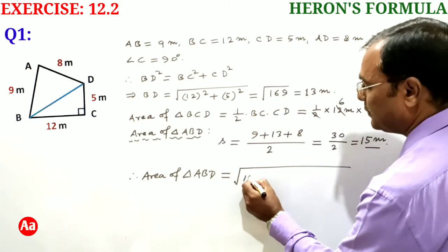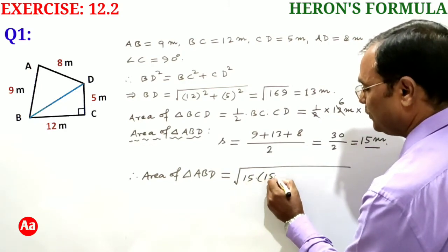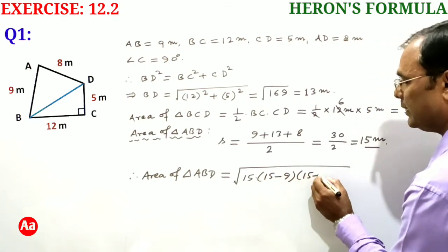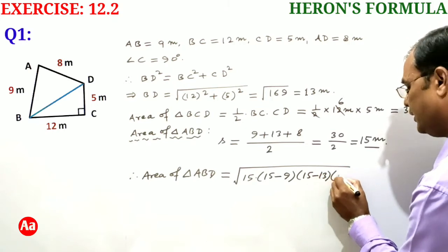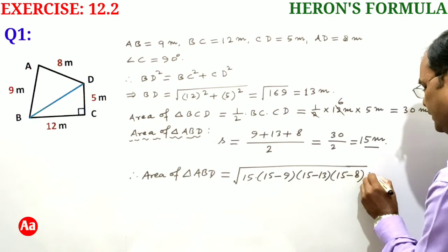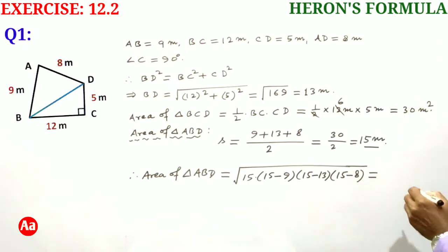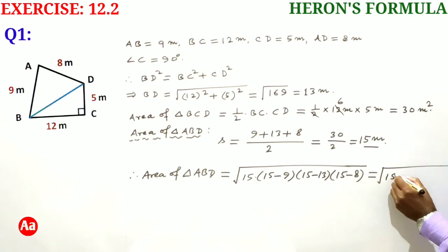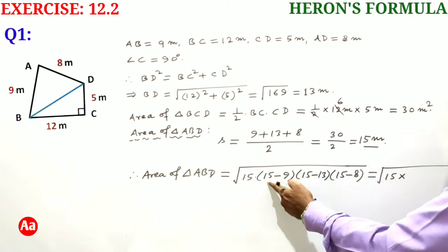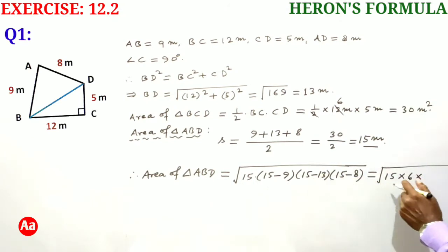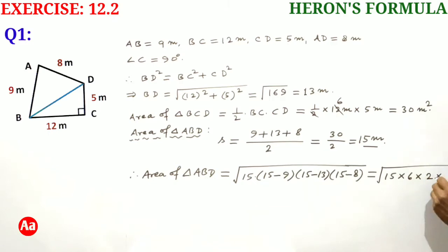S means 15 into 15 minus 9 into 15 minus 13 into 15 minus 8, which is equal to under root 15 into 15 minus 9, 6, into 15 minus 13, 2, into 15 minus 8, 7.